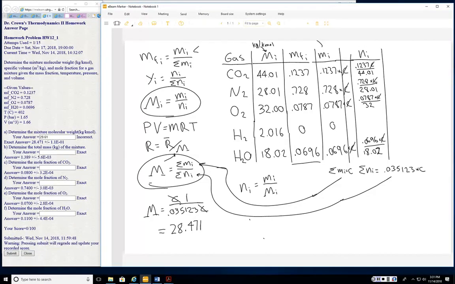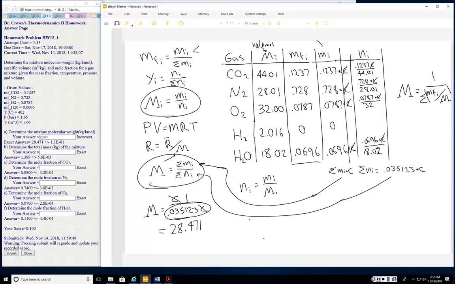So in fact, this number right here, if I take 1 over that, is the mixture molecular weight. So what I learned from all this is that in general, 1 over, and then what is that? That would have been the mass fraction of i divided by the molecular weight or molar mass of i, and then I summed all those up in the denominator.